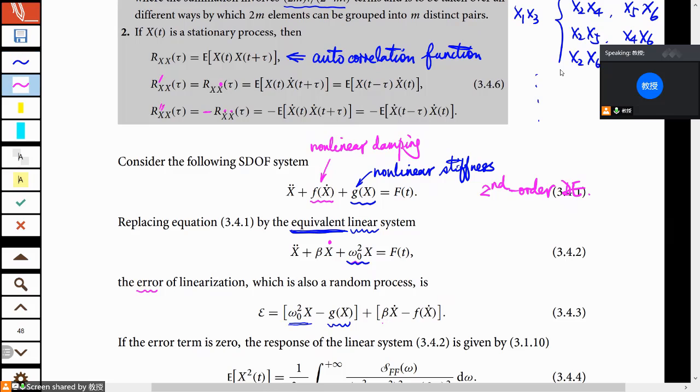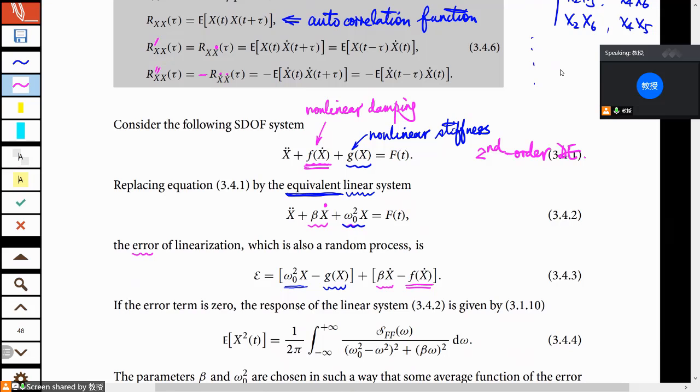And the error in the damping term, this is the linear damping, and this is the nonlinear damping. Okay.